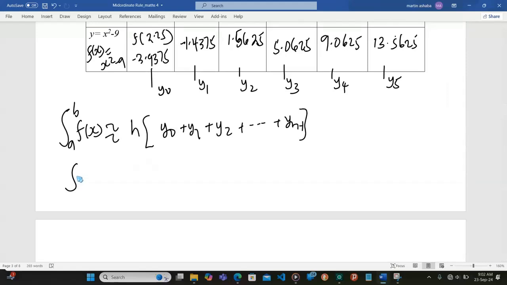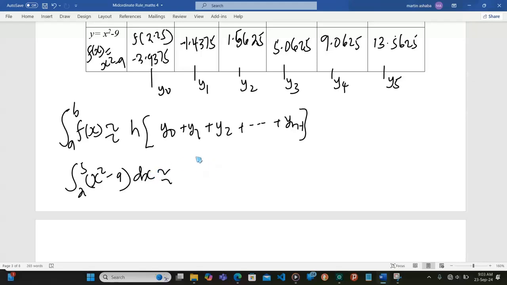Now we are integrating from 2 to 5 of x squared minus 9 with respect to x, because the area enclosed by this curve and the x-axis at x equals 2 and x equals 5 is the same as integrating.